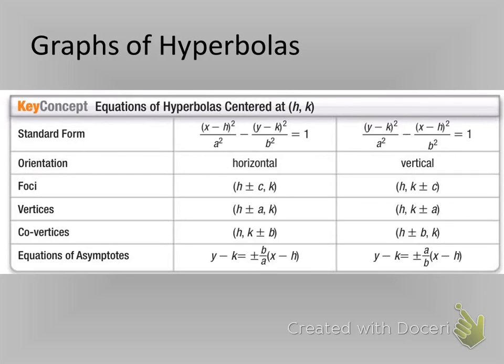But let's start at the top. Standard form, very, very familiar, yes. Just like I said, it's ellipses, but with a subtraction. Foci, h plus or minus c, where the distance from center to foci is c, vertices is a, co-vertices are b, going the opposite direction, just like how ellipses went. And then equations of asymptotes.